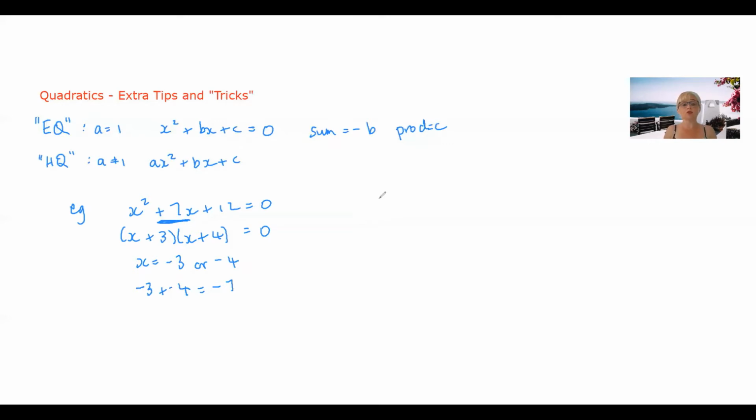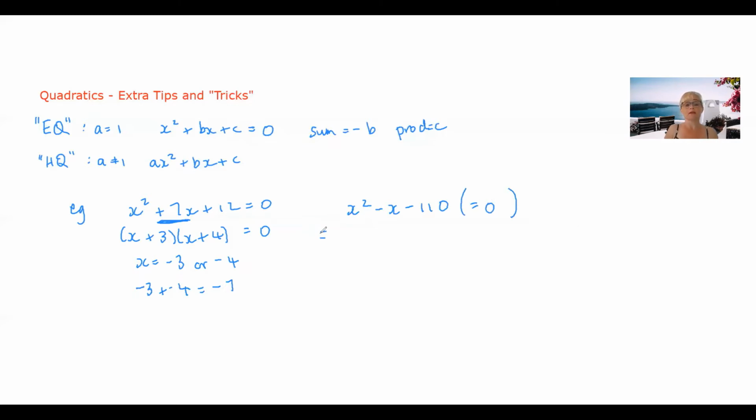What if you had a quadratic expression that you wanted to factorise, but you didn't necessarily want to solve the equation? Say you had something like x squared minus x minus 110, and you've been asked to factorise that. Well, what you could do is imagine that you're solving that.